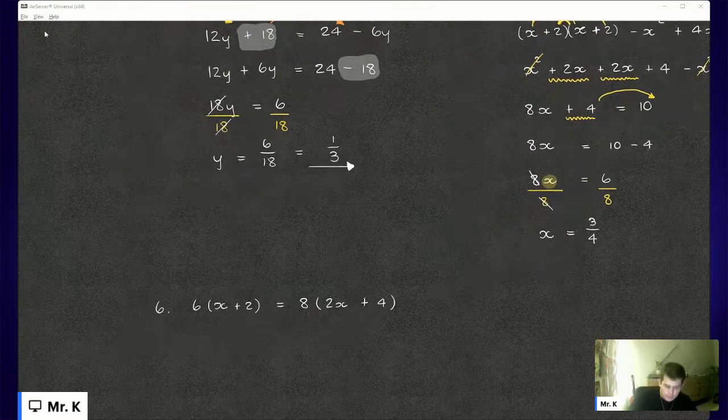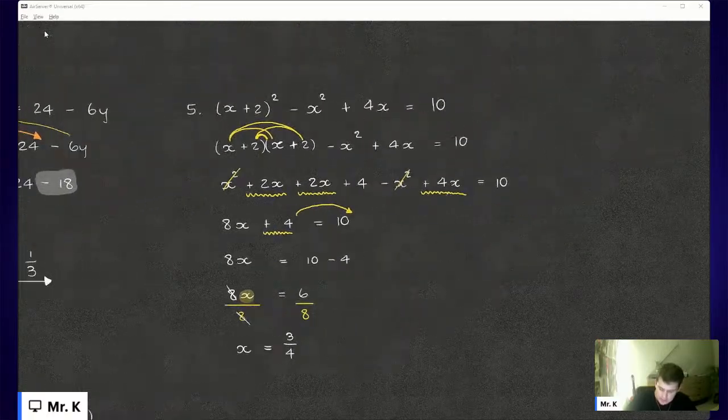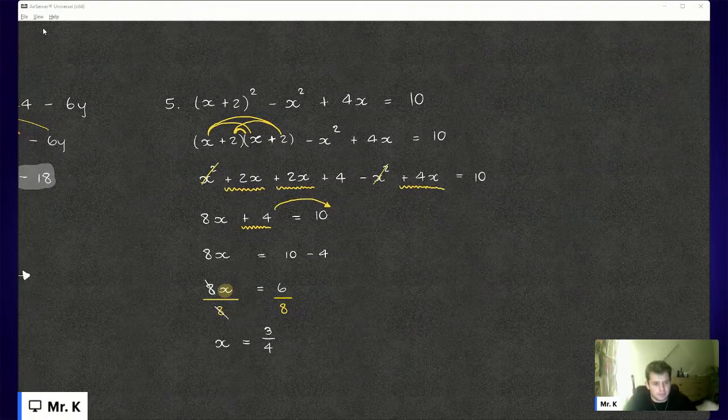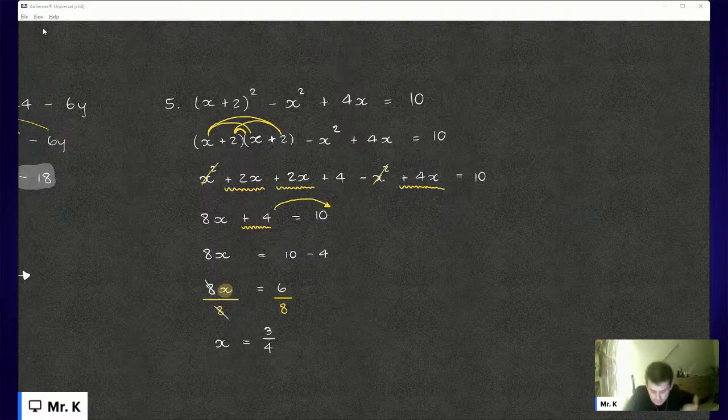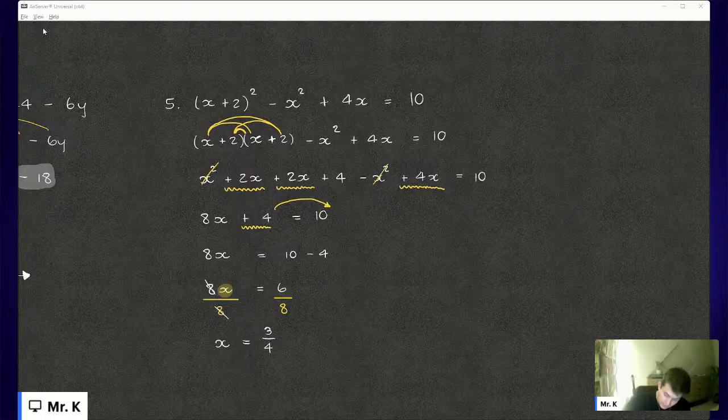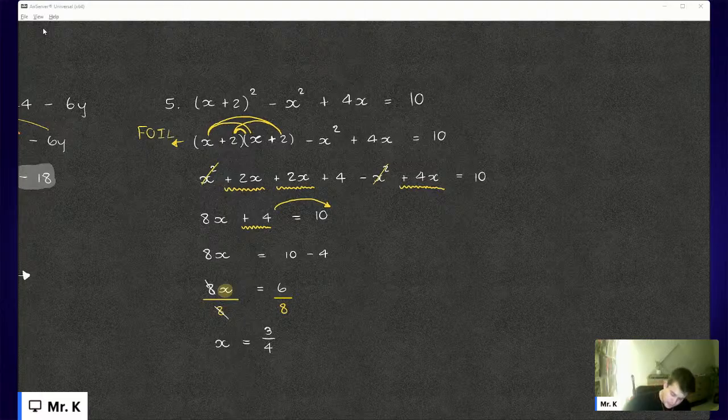Just before I move on to number 6, somebody asked about step 3 from question number 5. So remember, over here at the beginning of this step, we have to use FOIL, right? These two brackets give us these answers over here, okay?